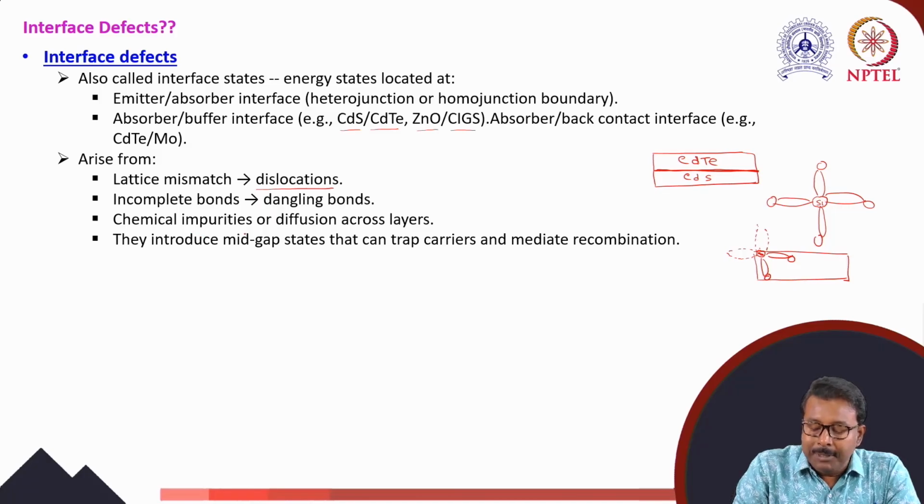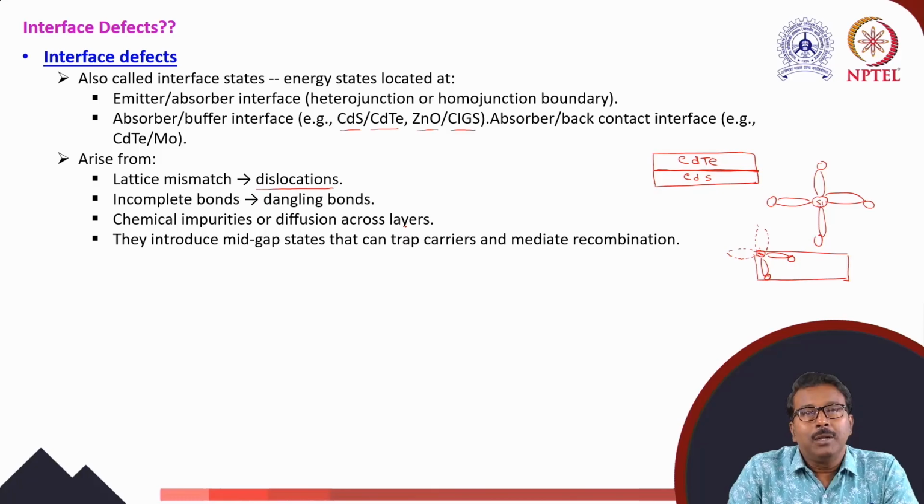Chemical impurities or diffusion across layers. Suppose whenever you are fabricating some layers, say a cadmium sulfide layer. This cadmium sulfide layer is deposited from a chemical process through some precursor solutions, some chemicals.